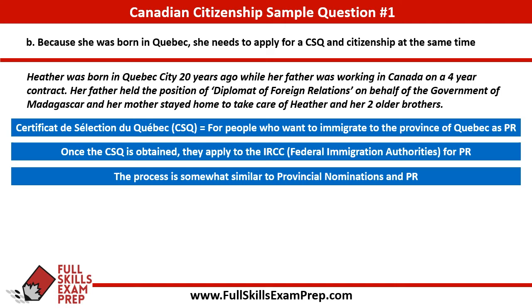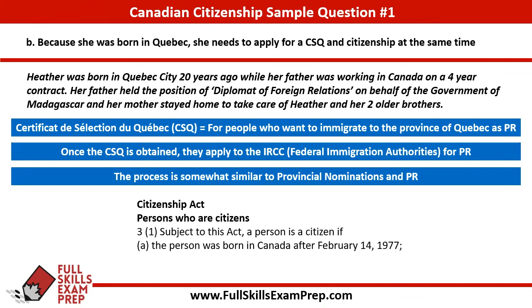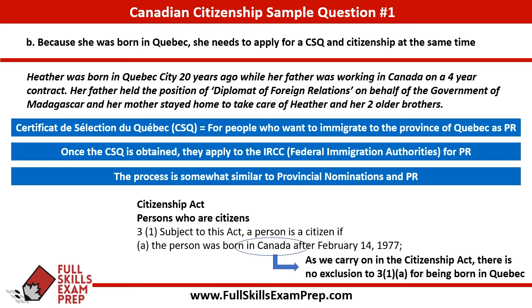provincial nominations. Now, when we look at this through the context of this question, we're looking at the Citizenship Act again. And we can see that if a person is born in Canada, a person is a citizen. As we dig into the Citizenship Act more, you can see that they say in Canada here, and there is no mention of Quebec being excluded from that.